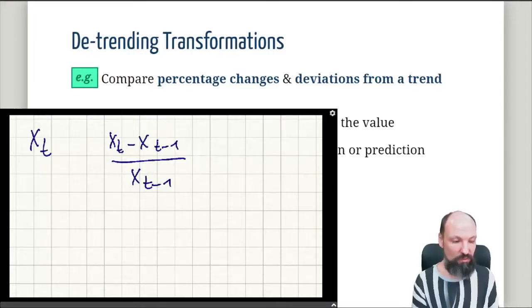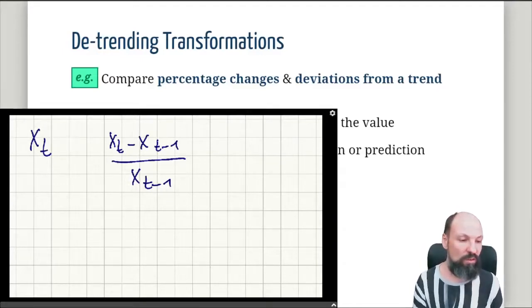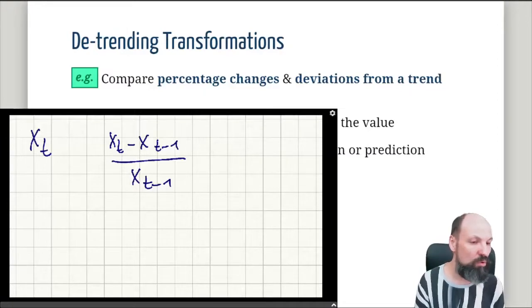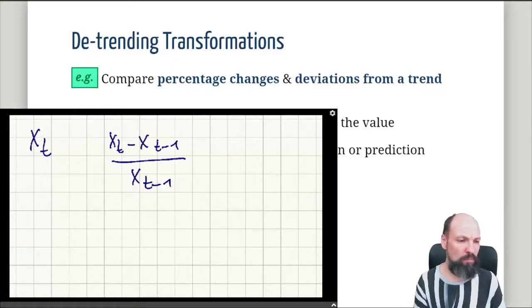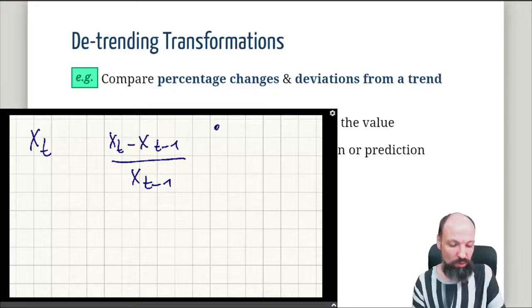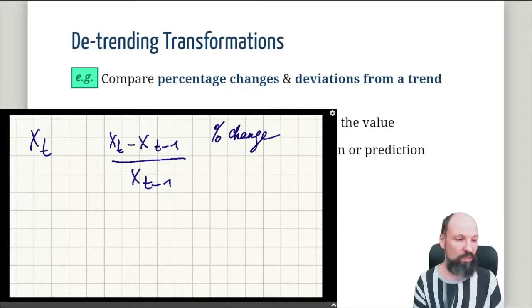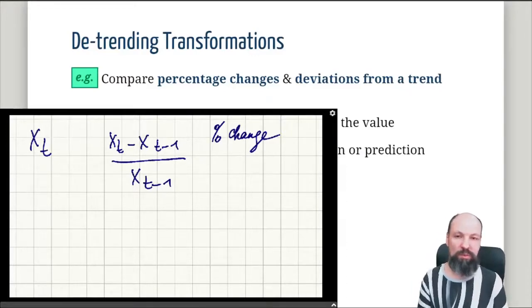We just write it down like this and say that we call it percentage change, or what is another term to call it? You should know it. So one way to call it would be percentage change, even if it's not measured in percentage, but just as a share from 0 to 1 or from -1 to 1 or whatever.